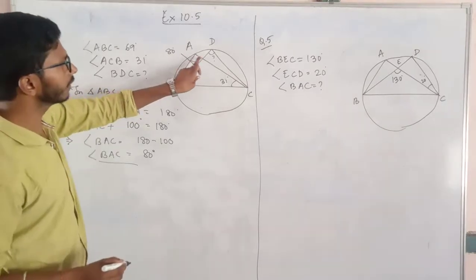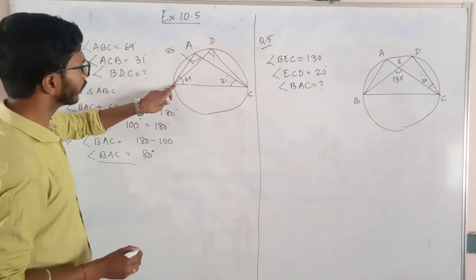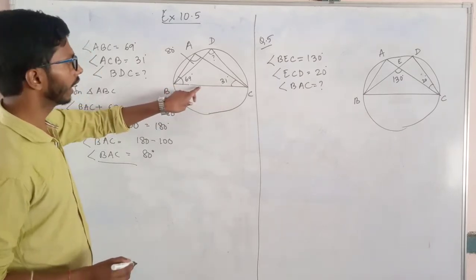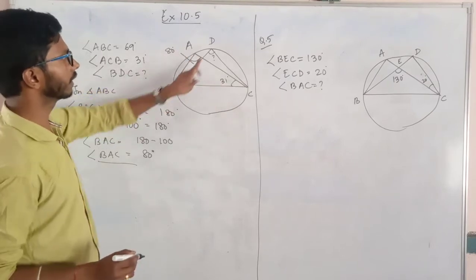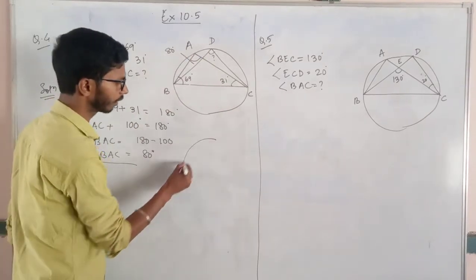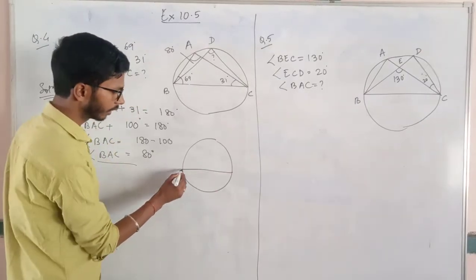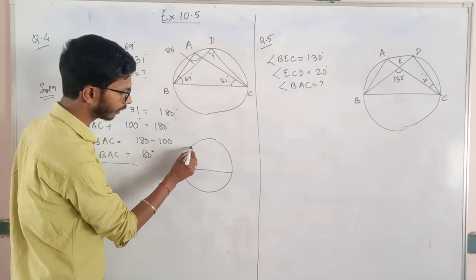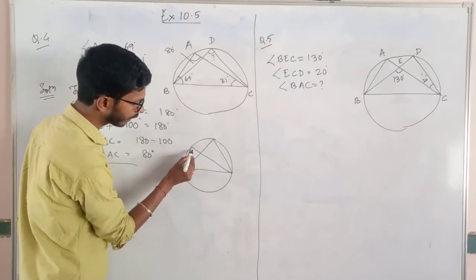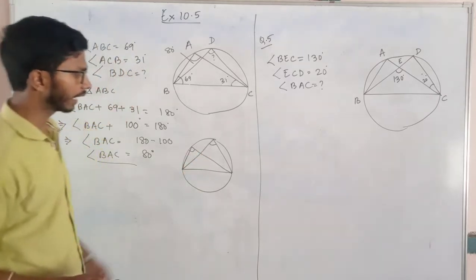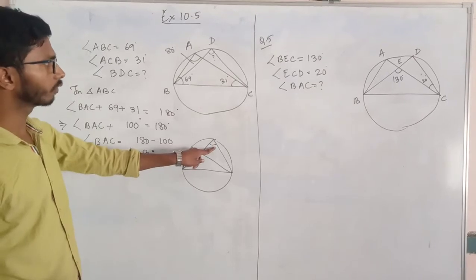Now this angle is equal to this angle. Why? Remember, on the same chord there are two angles on the circumference. Suppose this is a circle and we have one chord. If with this chord I make two angles, then the angles made at the circumference are always equal.